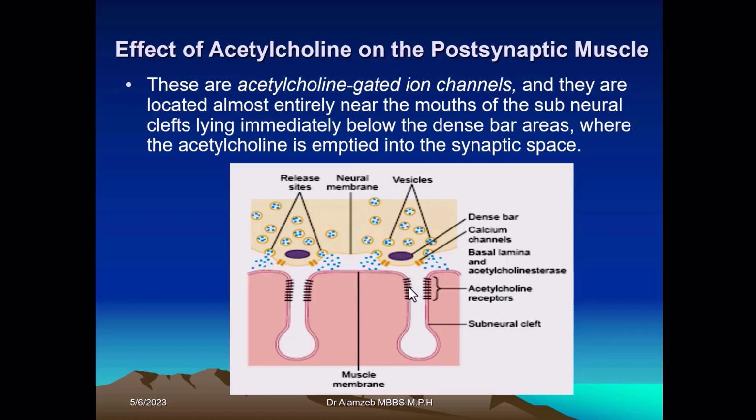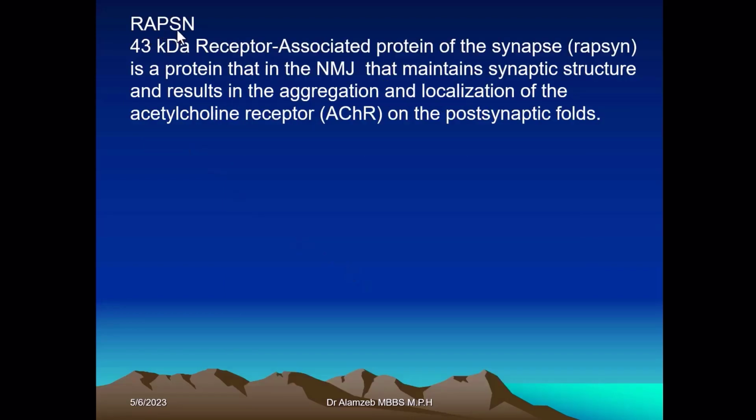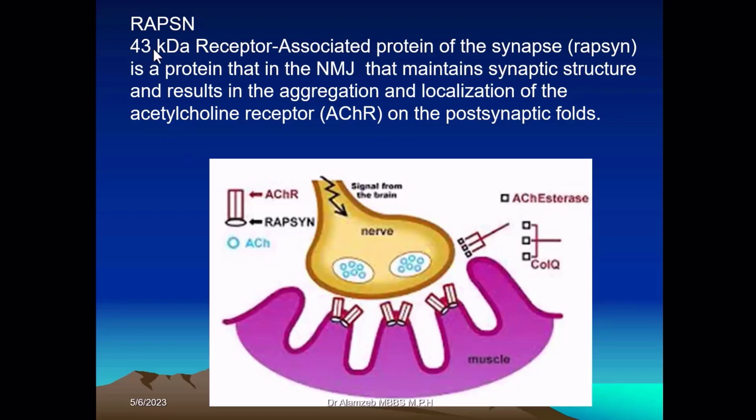In front of the dense bar, there are receptors present on the muscle fiber, and these receptors attach the acetylcholine. RAPSN is a protein, a 43 kilodalton receptor-associated protein of the synapse. R for receptor, A for associated, protein of the synapse.